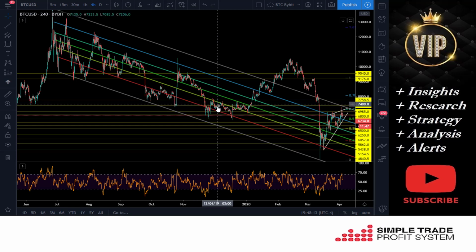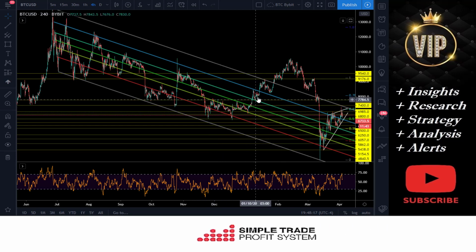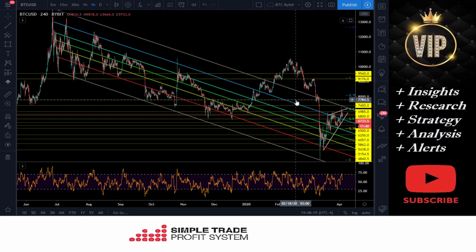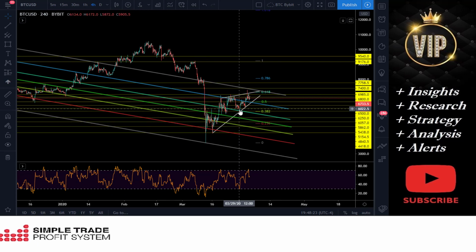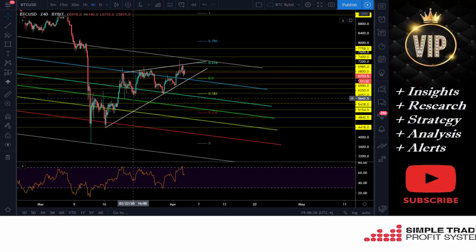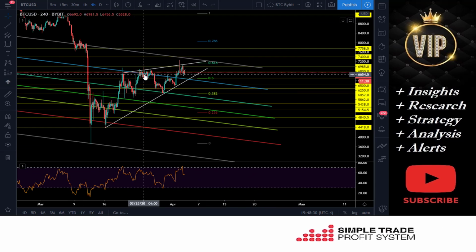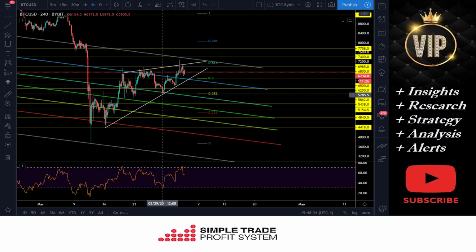These two acted as support and resistance here. You can see that it bounced off there, came back down, bounced up there, came back down, and so forth. And even more recently, it bounced off this one here and came up. This one's almost been acting as resistance, keeping it from breaking through. It came through and bounced off here.